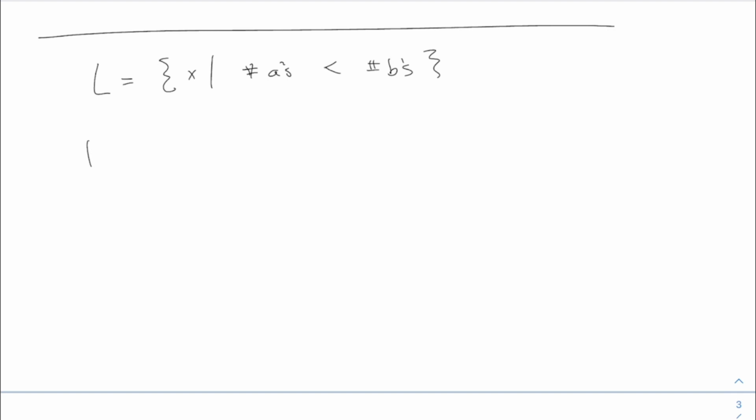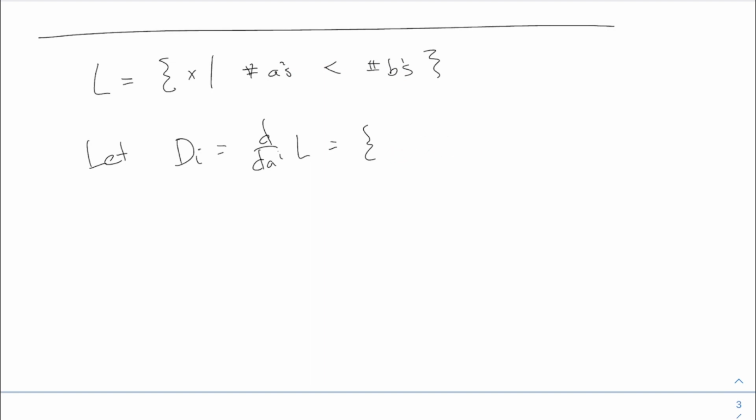So let d_i be the derivative with respect to a^i of L. And now I'm imagining only the ones which started with a bunch of A's. I take those A's away, and what remains is a string in which now the number of A's is even more less than the number of B's.